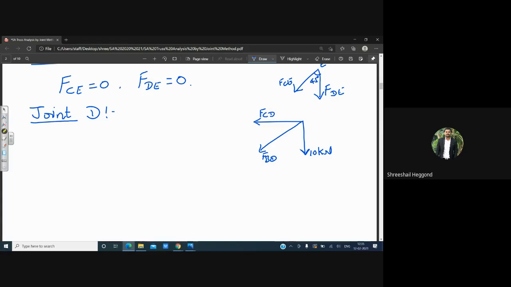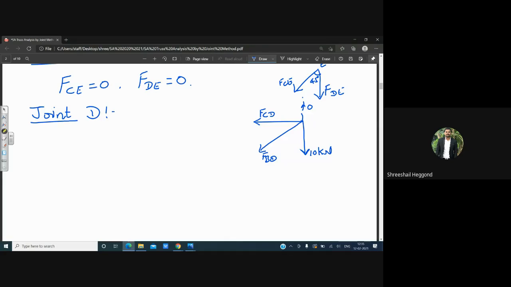Here there are 3 unknowns. One is the other member, the vertical one, which is a 0 force member, so I can write directly 0 force. Therefore, no need of considering the DE member because it is 0.